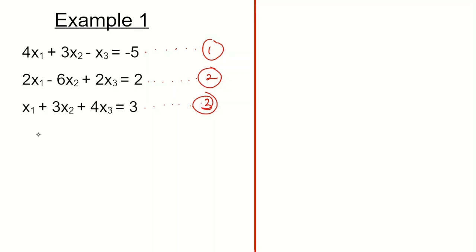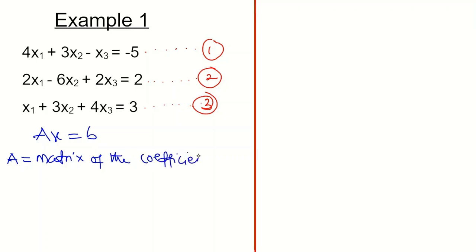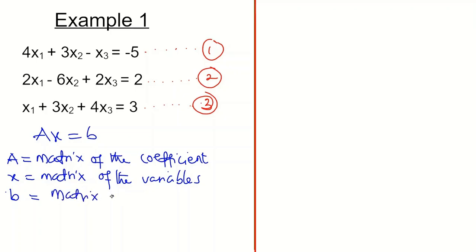The matrix equation formula gives us AX = B. We know A to be the matrix of the coefficients, X to be the matrix of the variables, and B to be the matrix of the constants.